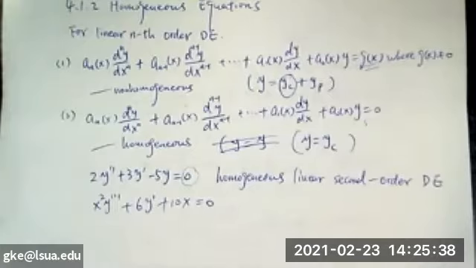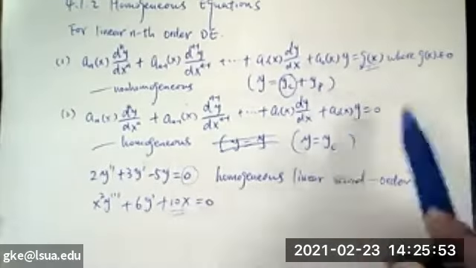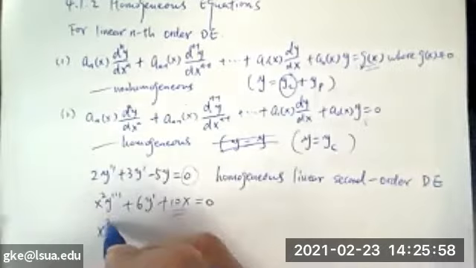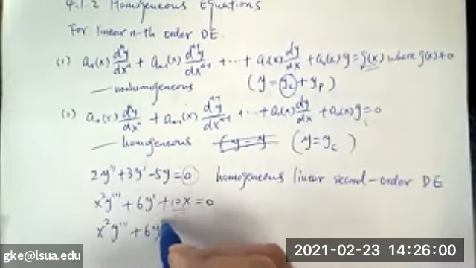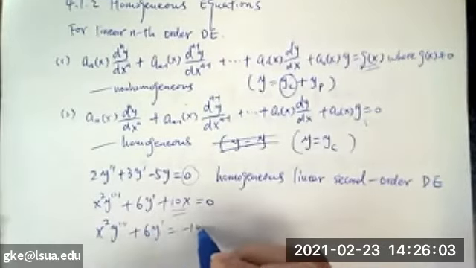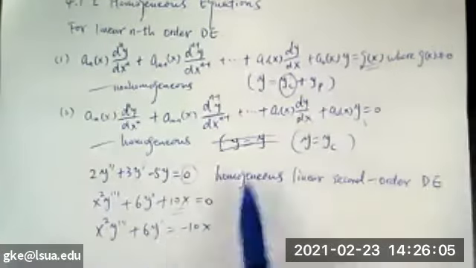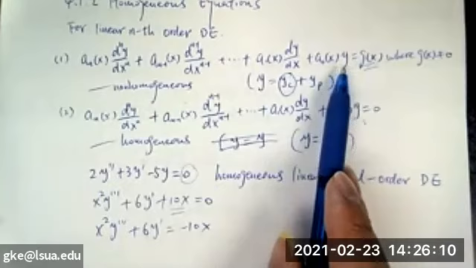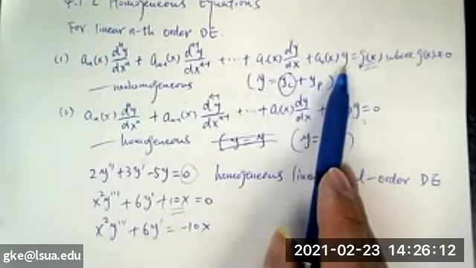Now, let's take a look at this guy. Is it homogeneous or not? It's non-homogeneous because we have the x terms. So we can move this term to the right-hand side, and this guy is the g(x), right? Because for the left-hand side, we require to have the y variables.